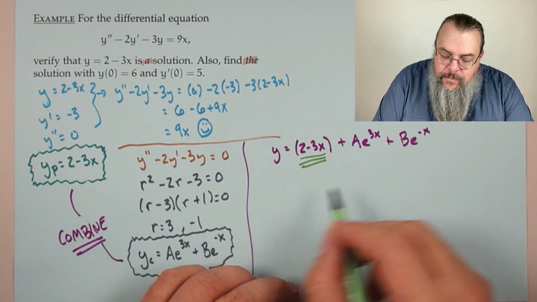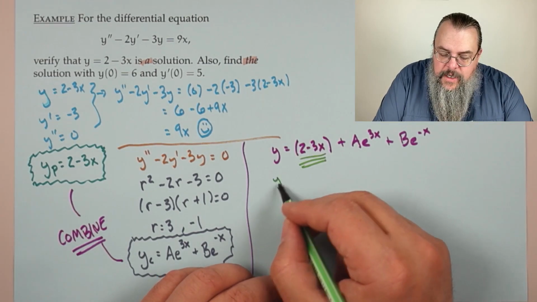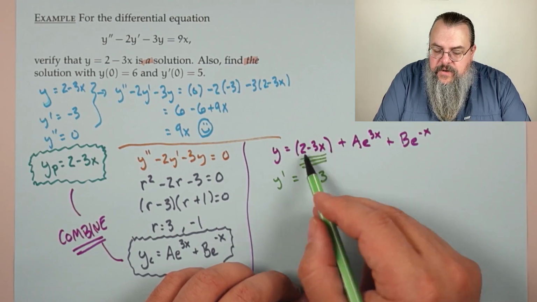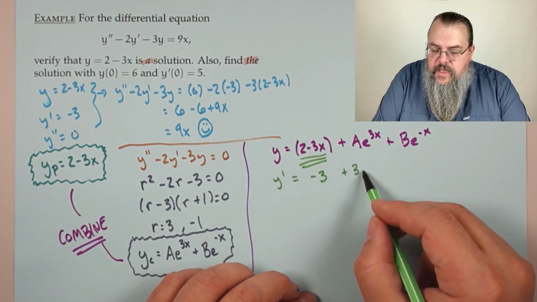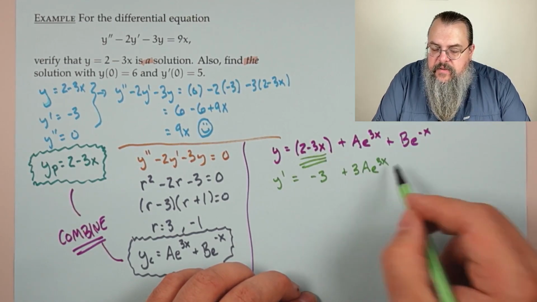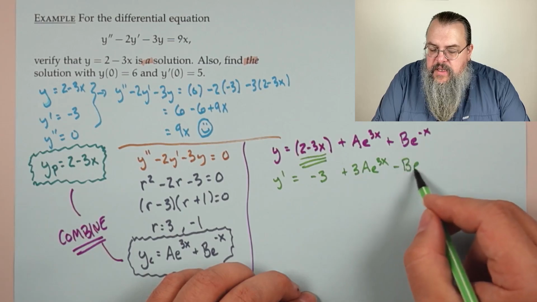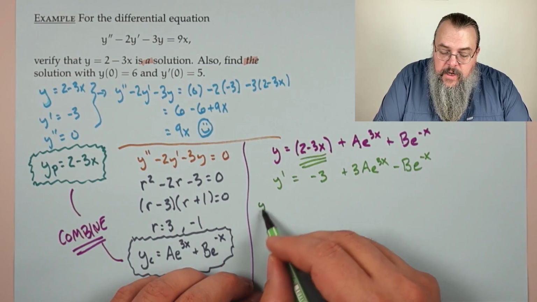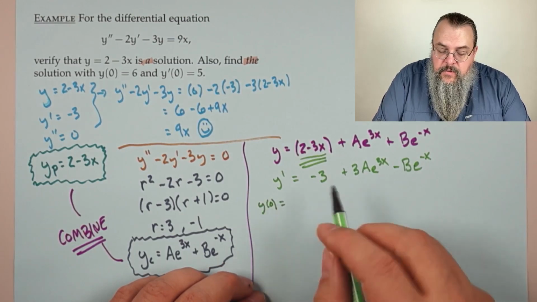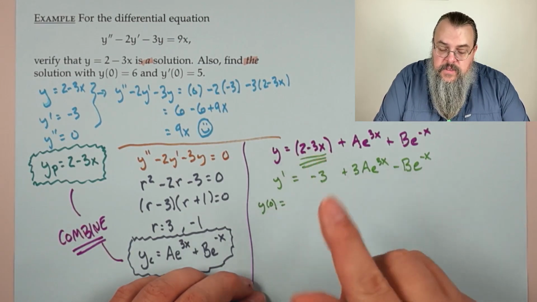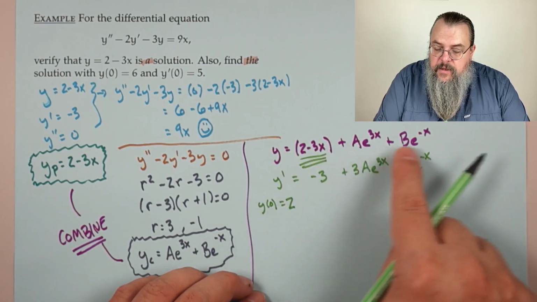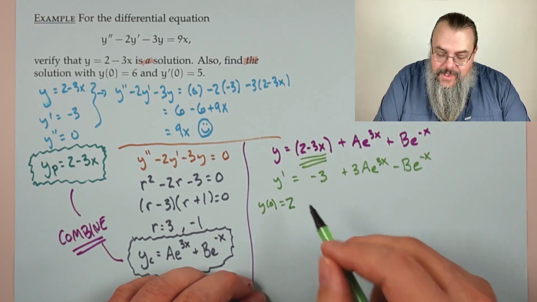So we have y. Let's look at y prime. That would be negative 3, derivative here, plus 3a e to the 3x, and minus b e to the minus x. So what is y of 0? Well, it's 2 from here, plus a plus b, because e to the 0 is really easy to compute.